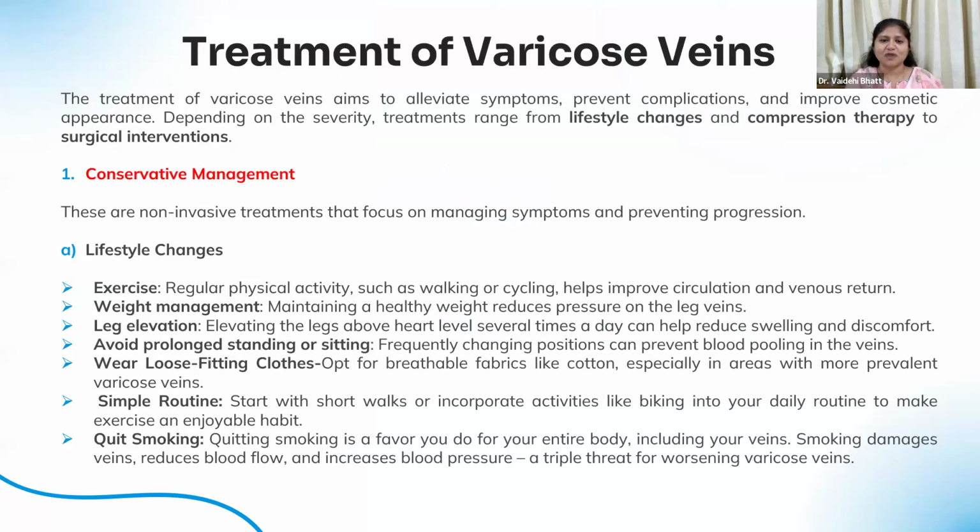Then weight management, maintain a healthy weight, reduce obesity, so that will relieve pressure in the leg veins. Leg elevation after continuous hectic work or standing or sitting will also improve the condition.